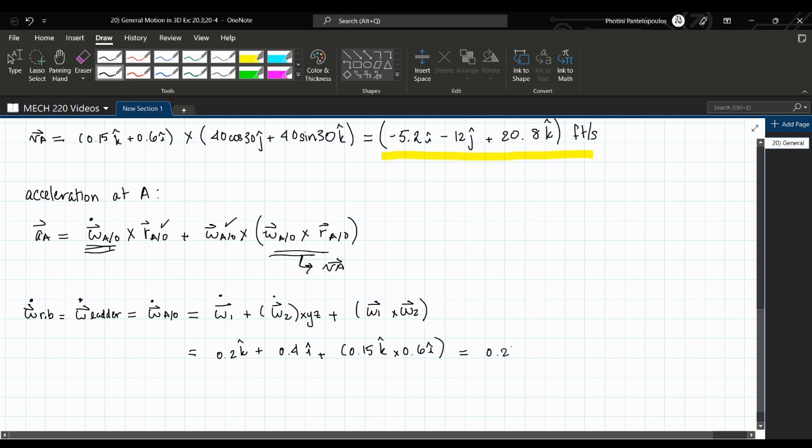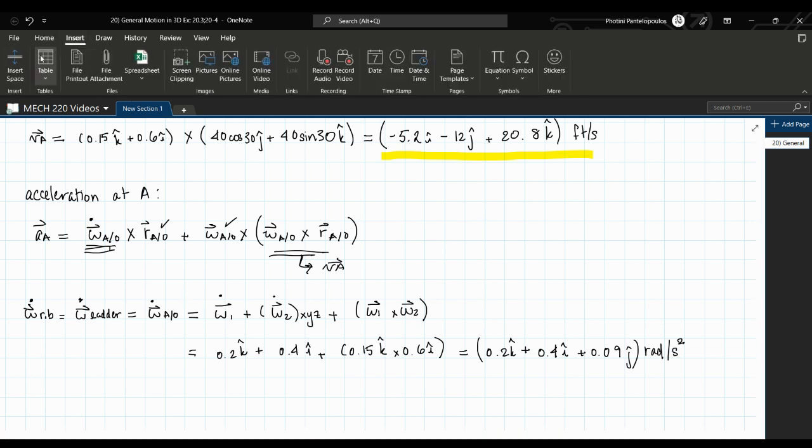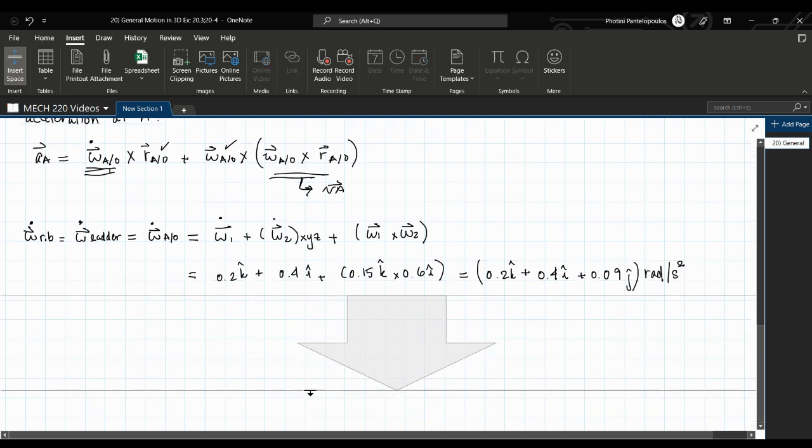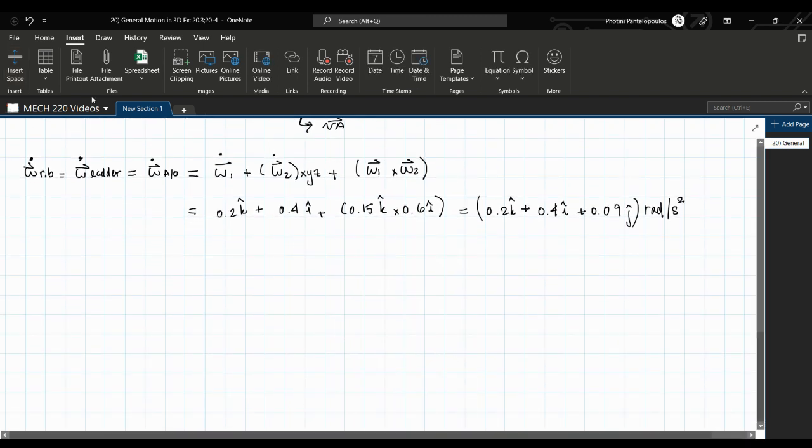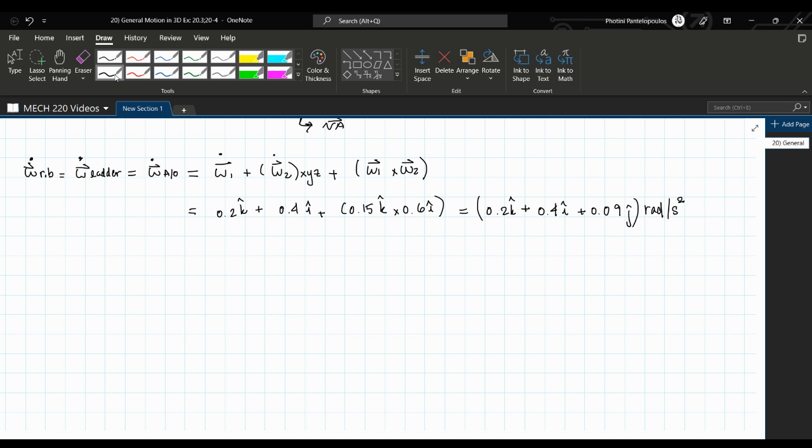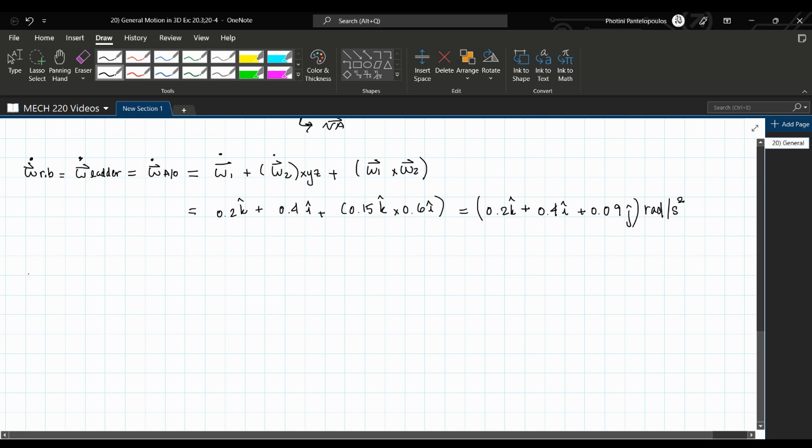If you compute that cross product, you will get 0.2 k hat plus 0.4 i hat plus 0.09 j hat. And all of that is in rad per second squared. All right, now that we have found all of our terms, we can go ahead and plug that into our equation for acceleration.